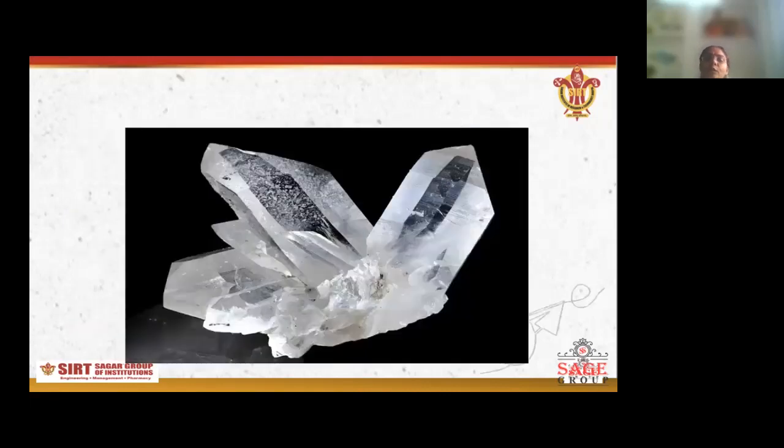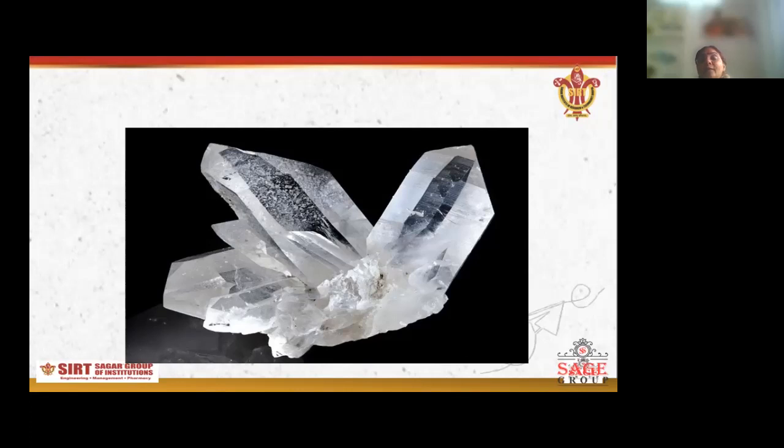Now you can see it is a sample of quartz. This is a crystal of quartz. That's why we have discussed the crystal part. According to the crystal system, minerals crystallize in their crystal system.